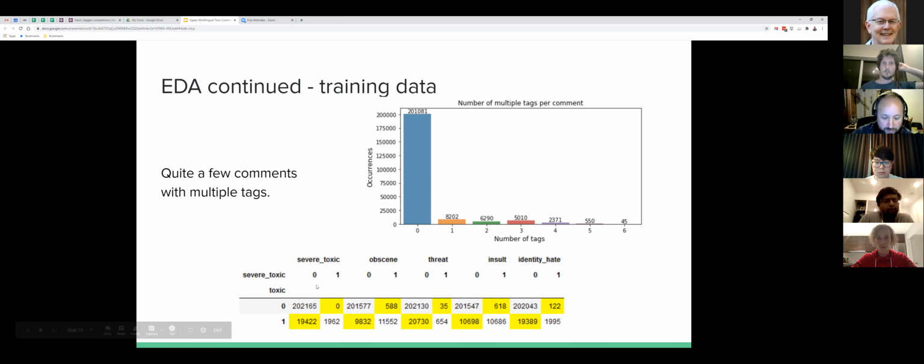So I've done a cross-tab correlation here. It's a bit confusing, but each of these is a block of 4, kind of like a confusion matrix. This first one says there were 202,165 that were not tagged with either severe toxic or toxic, 19,400 classified as toxic but not severe toxic, 0 classified as severe toxic but not toxic, and then 1,962 tagged as both.